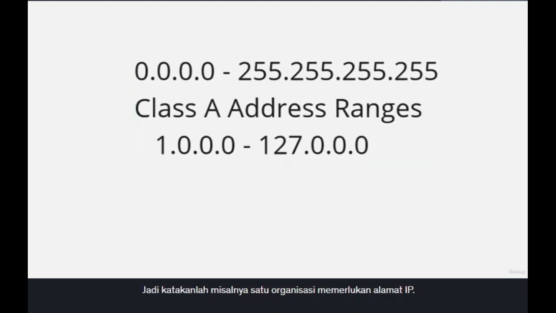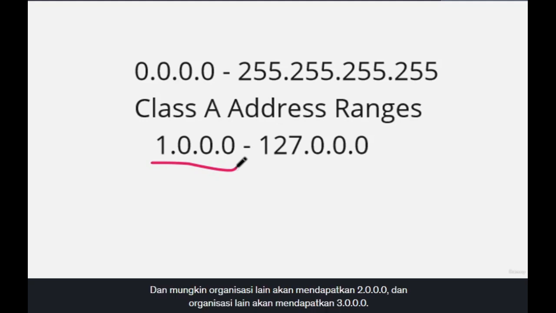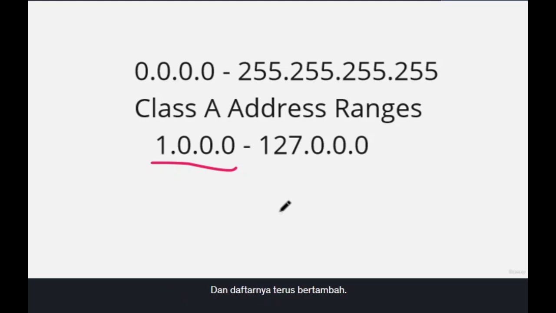So let's say, for example, one organization requires IP addresses. They would give one organization 1.0.0.0. And maybe another organization would get 2.0.0.0. And another organization would get 3.0.0.0. And on the list goes.